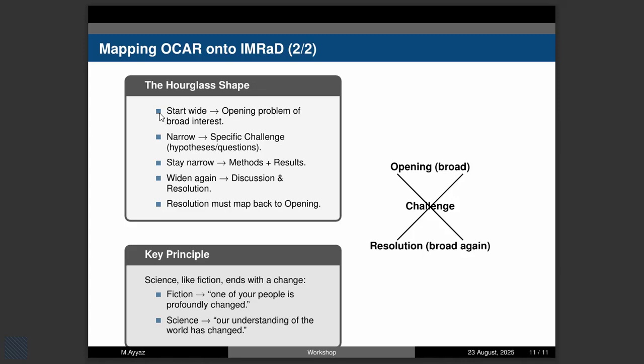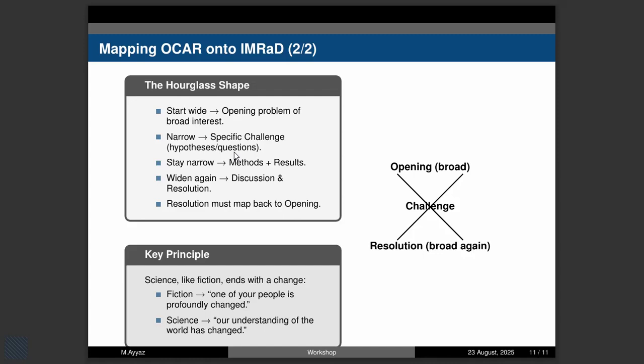So you can describe it in that way. We start with a broad problem, then we narrow down that problem to a specific challenge, and it describes our hypothesis that we are testing or questions that we are addressing.